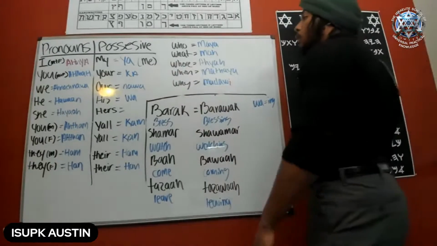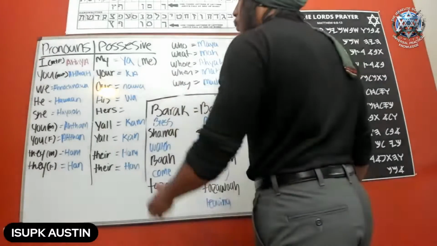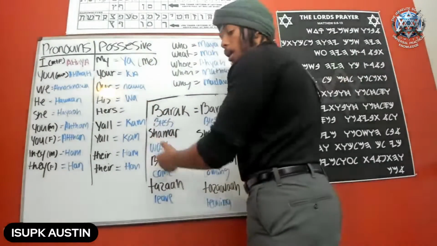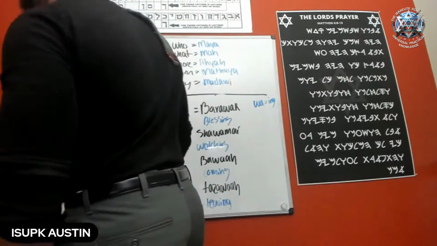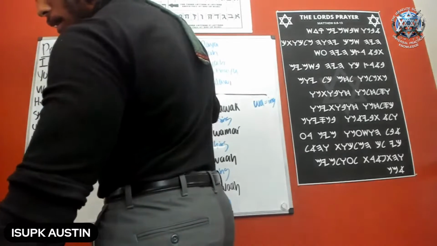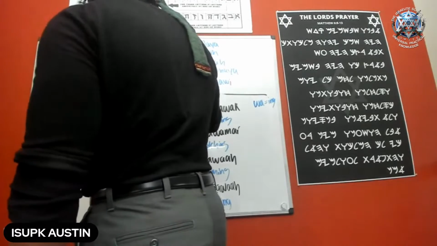So these possessive pronouns are used with the word itself. It's not standalone, which is why it is ya, ka, nawa, wa, right? Kam, kan, ham, and han. Well, I'm missing one. Ha. This should be ha right here.